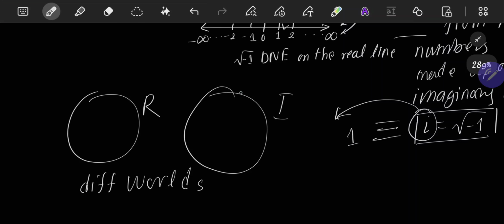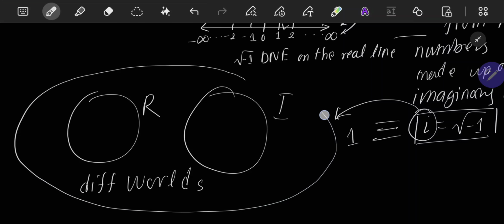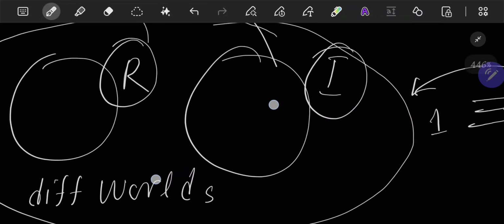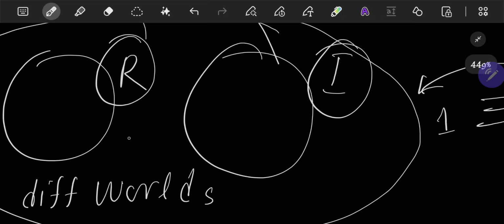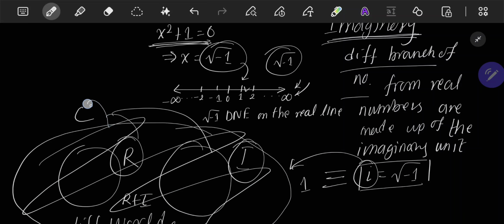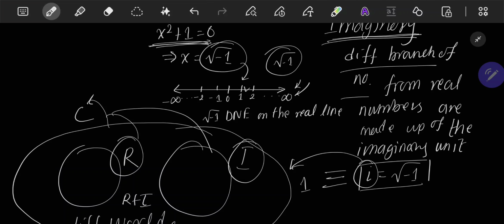And these two belong to something that is bigger, which is complex numbers. So all real numbers and all imaginary numbers are complex numbers, including everything in between, which is a combination of both real and imaginary numbers. So all of these numbers are complex numbers.